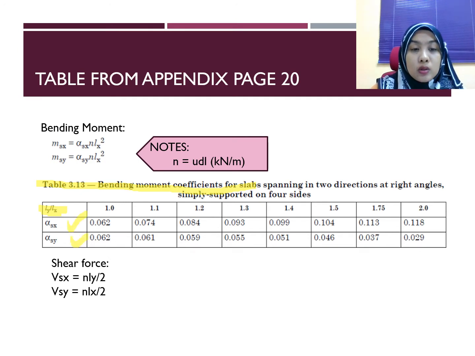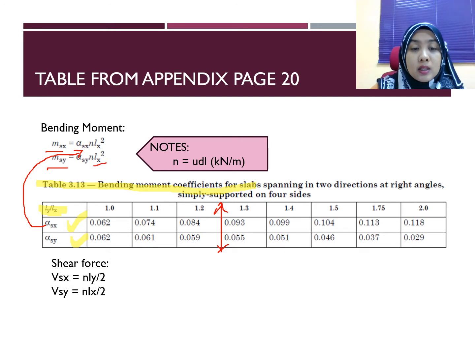Let's say you get your Ly over Lx equal to 1.25, for example. It means that it is in between values, so you need to interpolate to get the exact value of the alpha. Then you substitute the alpha value inside your equation to get the value of moment in X direction and also the value of moment in Y direction.